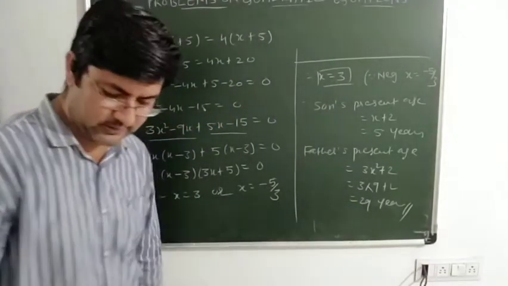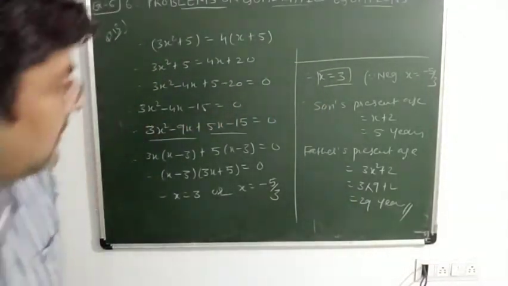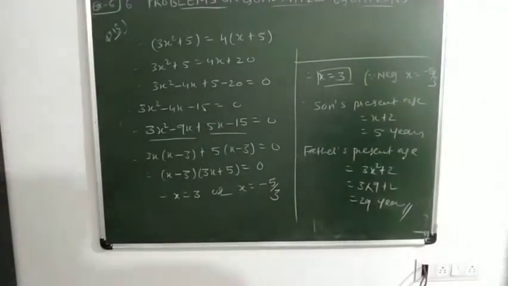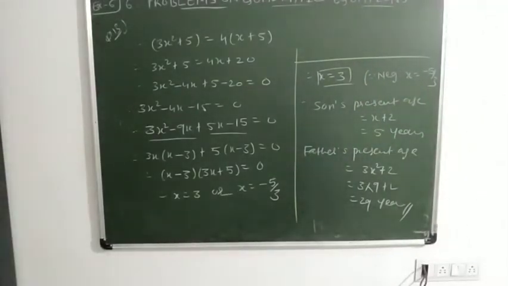So the son is presently 5 years old and the father is 29 years old.